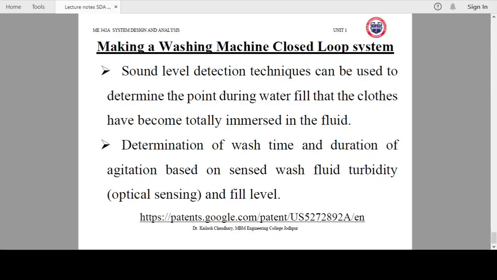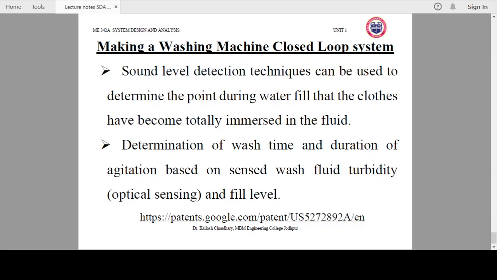You can use sound level detection techniques, because that can be used to determine the point during water fill at which the clothes have become totally immersed in the fluid. So you need not set a particular time for water filling. You can use a sound level detection technique that detects by the sound how much more water is required to fill the clothes.